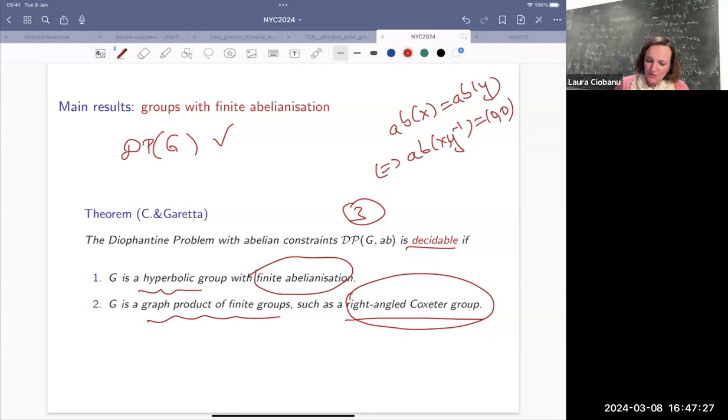And so what you're saying is that X Y inverse is in the commutator subgroup of your group, but that commutator subgroup is of finite index because the abelianization is finite. And that's exactly a recognizable set. There's a nice result saying exactly that recognizable sets are unions of finite index subgroups in groups. So you can boil this question down to the Diophantine problem with recognizable constraints.